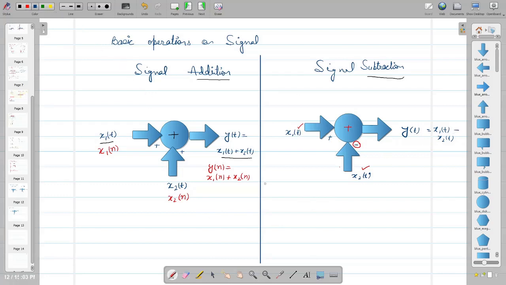In the same way for discrete signals, x1[n] is one sequence, x2[n] is another sequence, and we have y[n] equal to x1[n] minus x2[n]. So at every instant of time we have to operate on them.